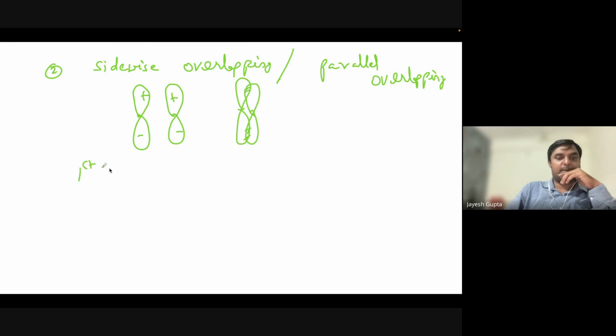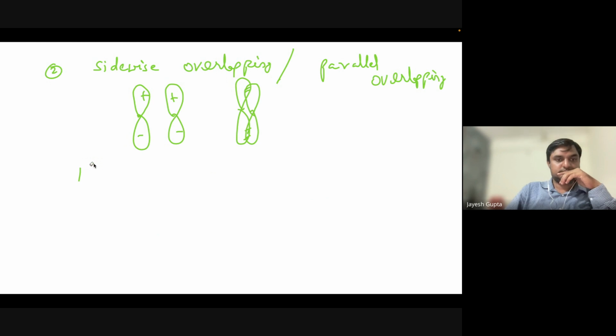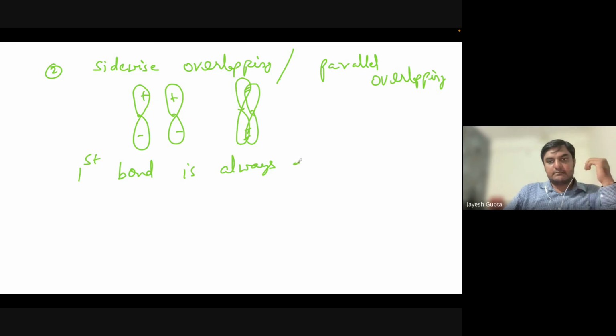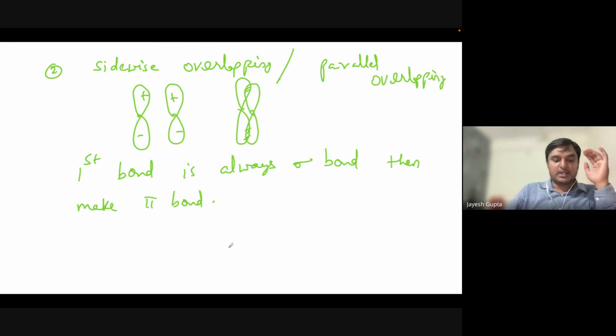So here what point you have to remember, first bond is always sigma bond, then make pi bond. Okay. So first always try to align the orbitals like that, so that you get sigma bond.